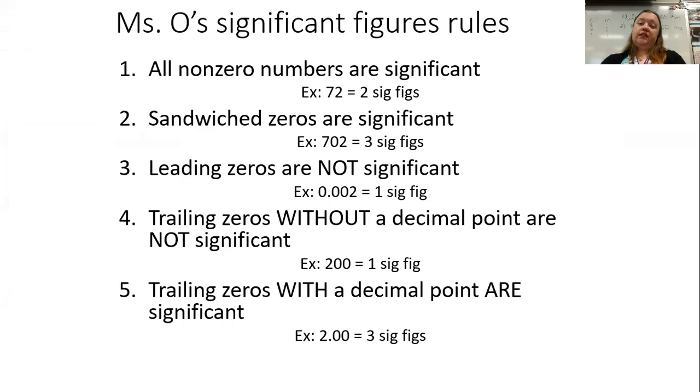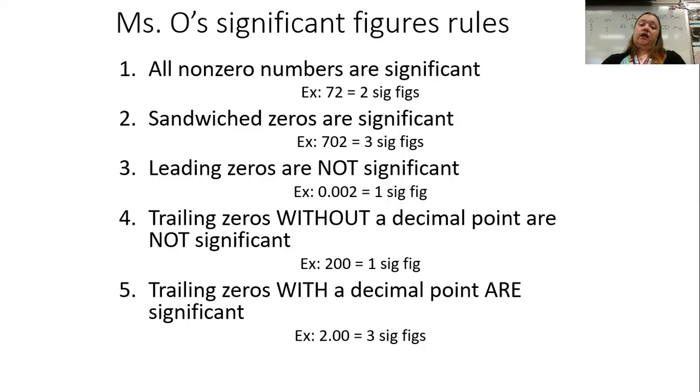Sandwich zeros are zeros in between non-zero numbers. Sandwich zeros are significant, so something like 702 will have three significant figures because that zero in between the 7 and the 2 is sandwiched.